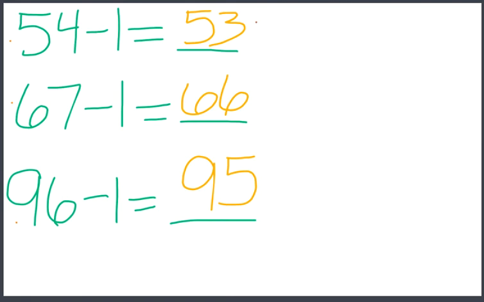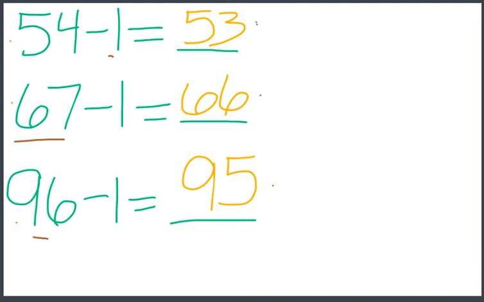Because we are subtracting 1, 53 is 1 less than 54. It is the next smaller number. 67 minus 1 equals 66. 66 is the next smaller number than 67. 96 minus 1 equals 95. 95 is the next smaller number than 96.